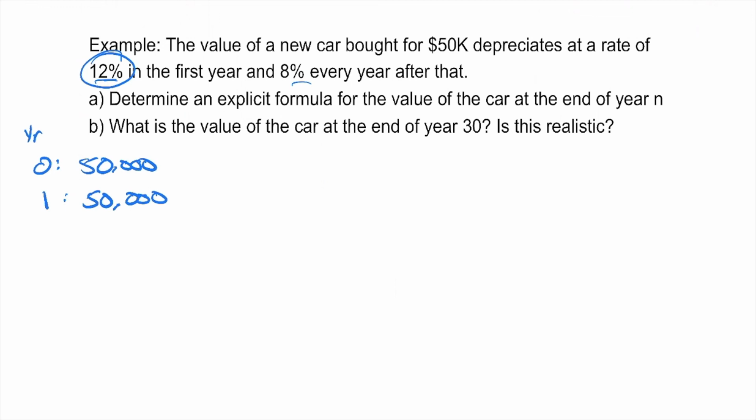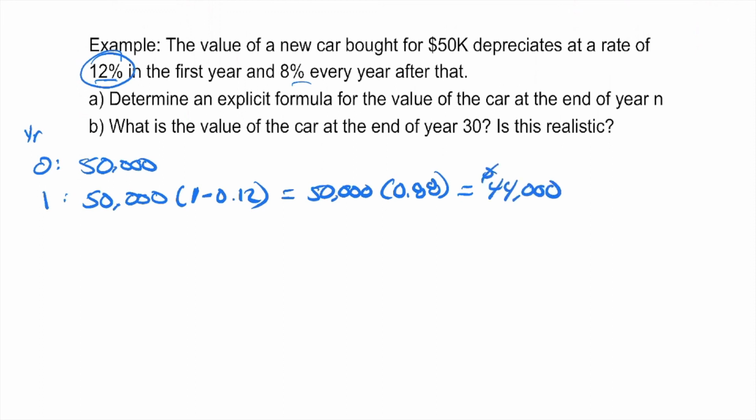But the net effect is the same as 1 minus the percent that was decreasing by. So this is the same thing as 50,000 times 0.88, which is equal to 44,000. After the first year, the car is worth 44,000.